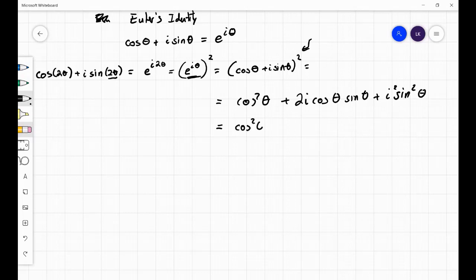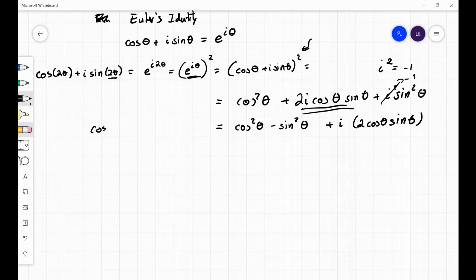So next, what you want to do is gather the imaginary parts and the real parts. And by the way, what's i squared? Yeah, negative 1. So this becomes negative 1, and so I can lump it in with the real part. And then we have plus i, and this is the imaginary part. It's getting multiplied by i.